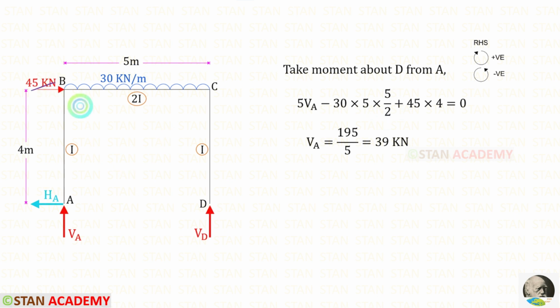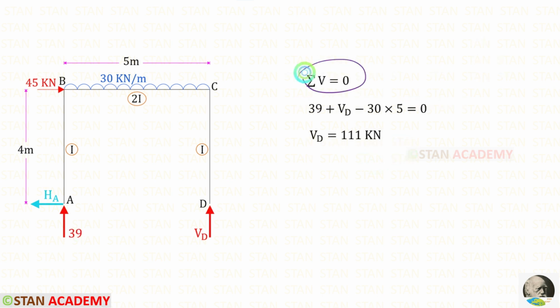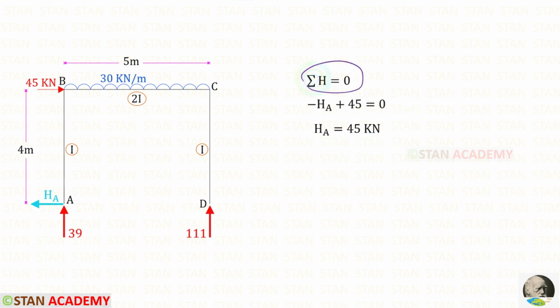The nodal point load is acting in the clockwise direction, so it will be positive, and the distance is 4. For VA we will get 39 kN. Then using this rule we can find VD. Using this rule, we can find HA. For HA, we will get 45 kN.